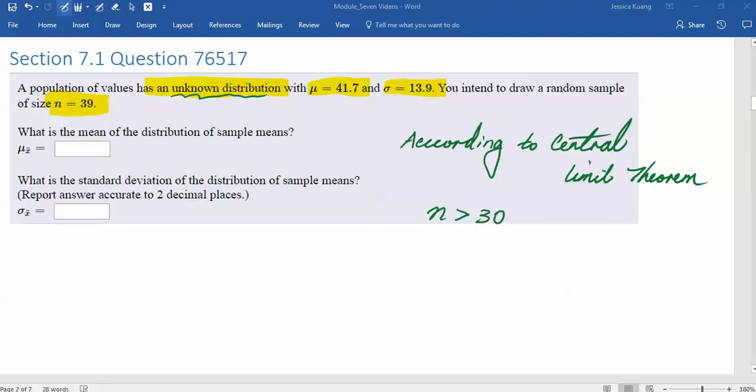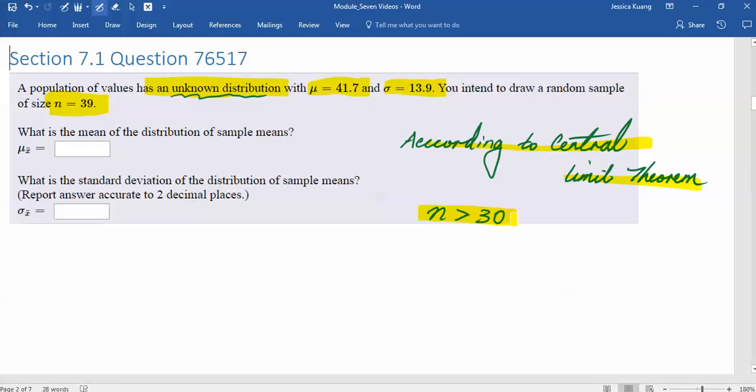It means according to the central limit theorem, if the sample size is large enough, and mathematically we define large by n greater than 30.